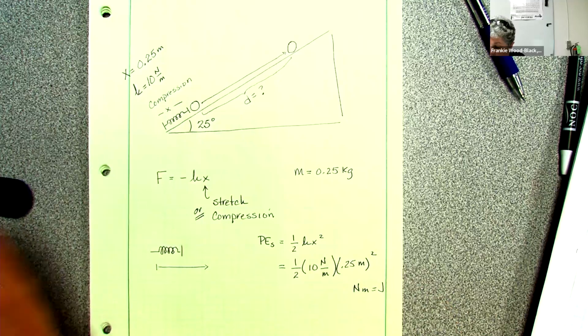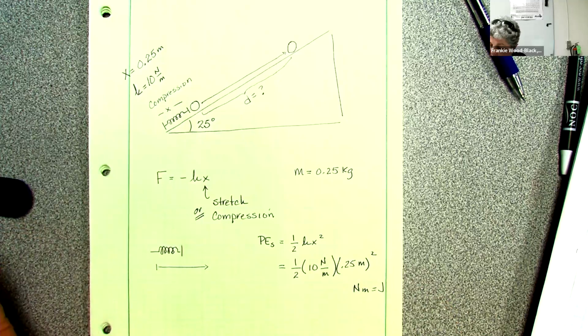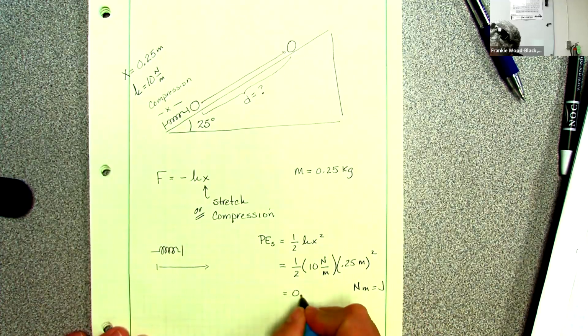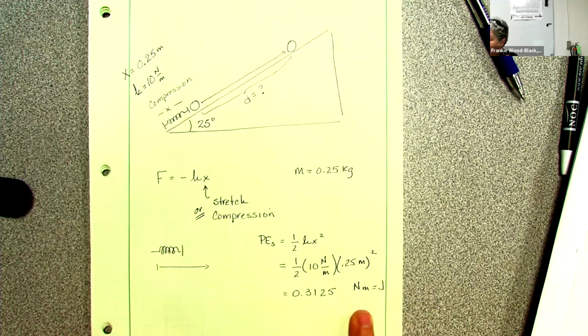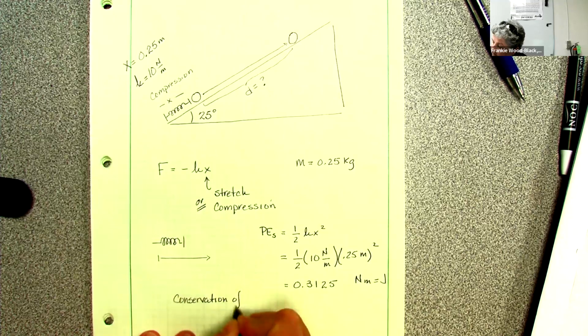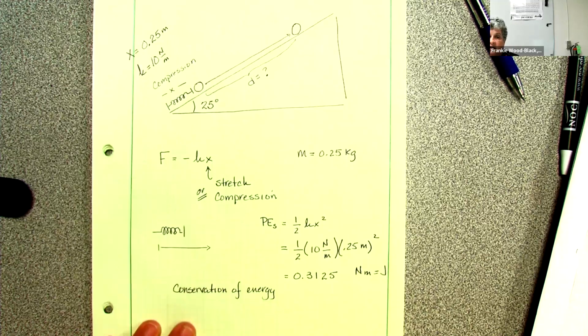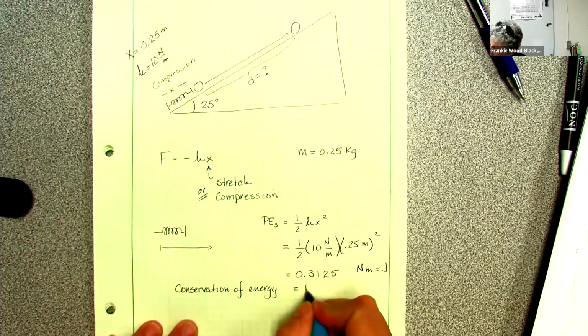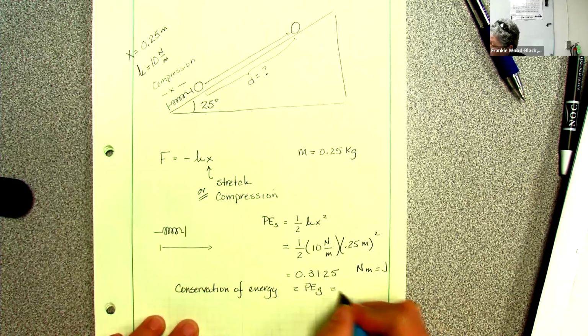And so now I'm going to go ahead and do that calculation. I'm going to get 5 times 0.25 times 0.25, which gives me 0.3125 joules. But conservation of energy says, as long as I'm not getting any dissipation, that's going to equal my potential energy due to gravity, which is going to equal mgh.